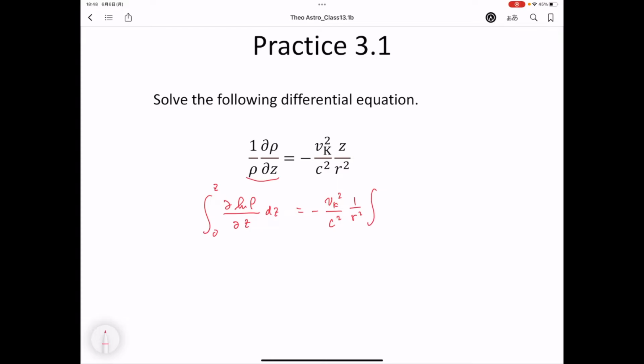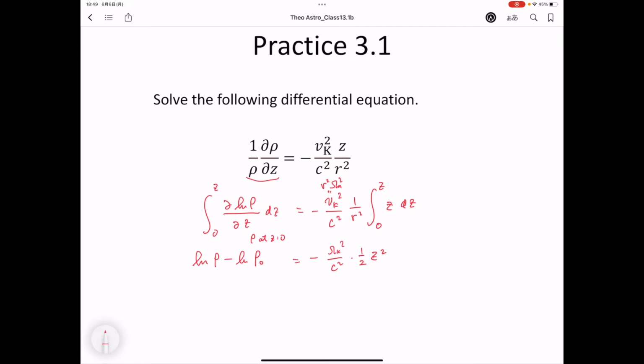Then we'd like to integrate z with respect to z, from 0 to z. Then you can perform this integral: log rho minus log rho sub 0, where rho sub 0 is rho at z equals 0, equals minus v sub k squared over r squared, that is, omega sub k squared over c squared times 1 over 2 z squared.